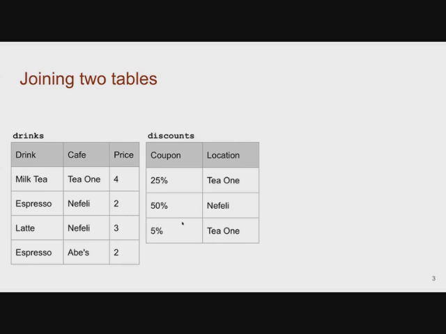And that's going to be the key to the join. Whenever you do a join, there has to be a column that is similar between the two tables. There has to be a categorical column. They don't have to have the same column name, but they have to have the same categories. Otherwise, the operation doesn't make sense.